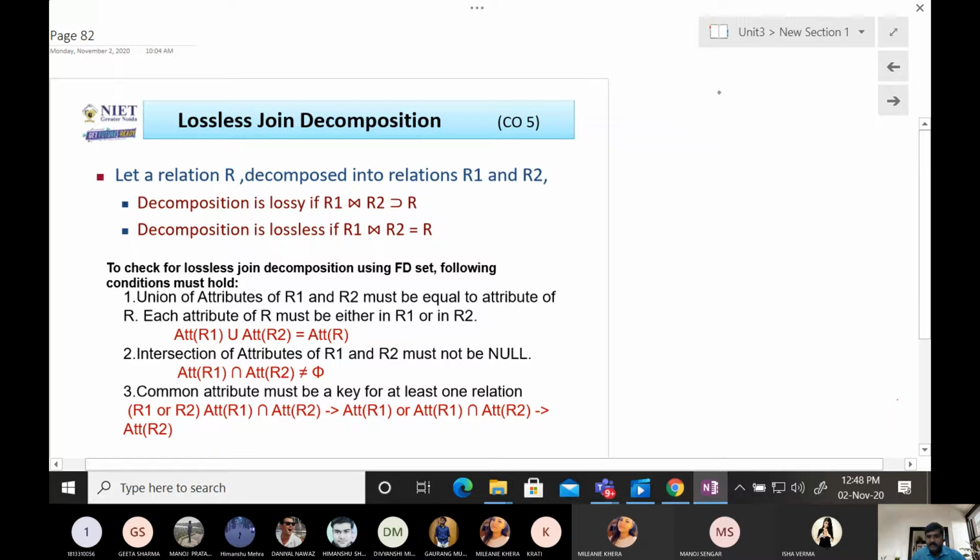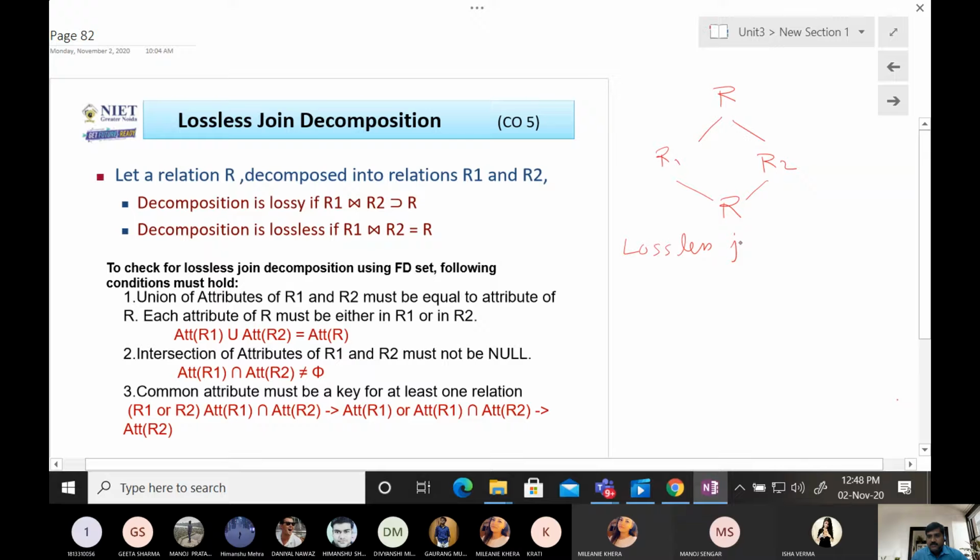If we perform a join operation over R1 and R2, and we get the original relation R, then we will say that this decomposition is a lossless join decomposition. Otherwise, it is a lossy decomposition. Lossless join decomposition is also called non-additive decomposition.